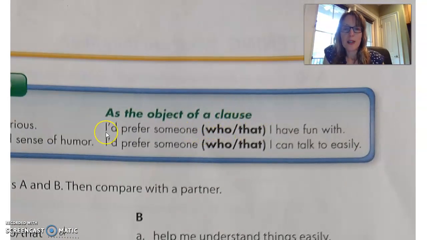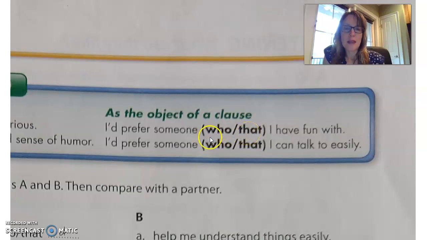Again, we are looking at a sentence, I'd prefer someone. Now someone is a pronoun instead of a noun, so you can be modifying a noun or a pronoun with an adjective clause. Again, this is where we begin using our adjective clause because it's describing this pronoun. Because it's a person, we can use who or that.